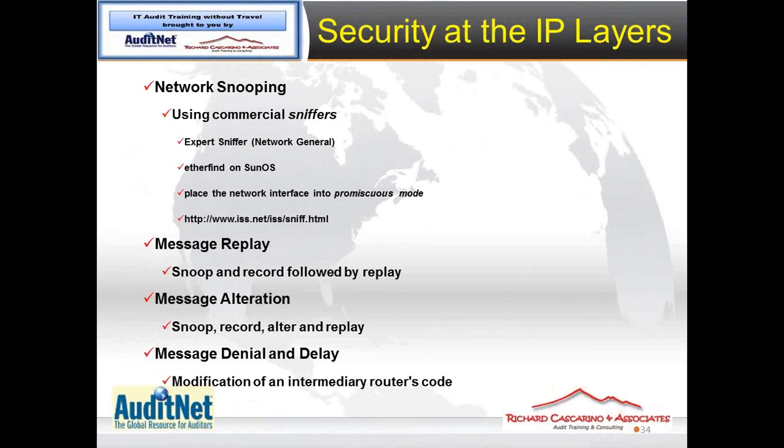So I can sniff and see anything: user IDs, passwords, credit card numbers, whatever. As far as message replay is concerned, I can snoop and record and then replay that message back over and over again. Or I can snoop, record, alter, and replay it back.